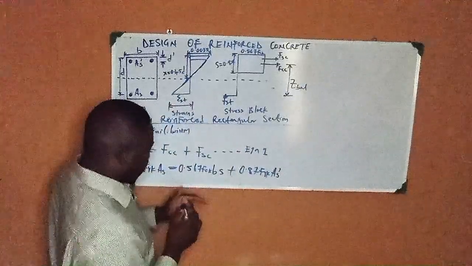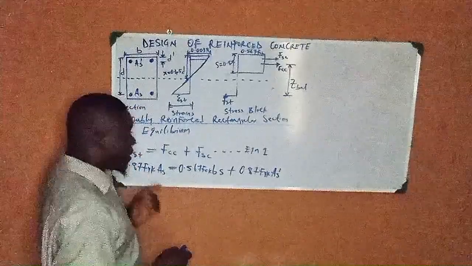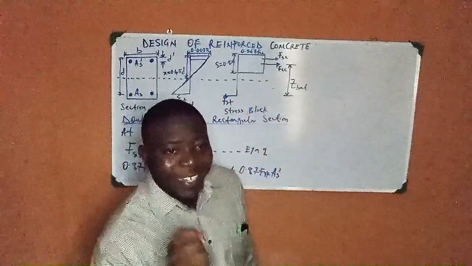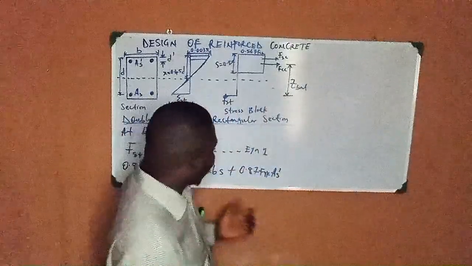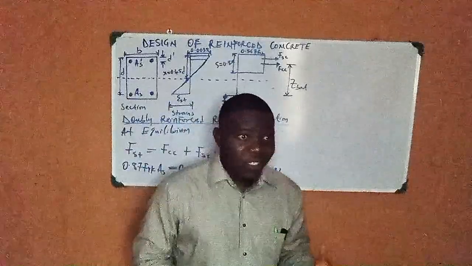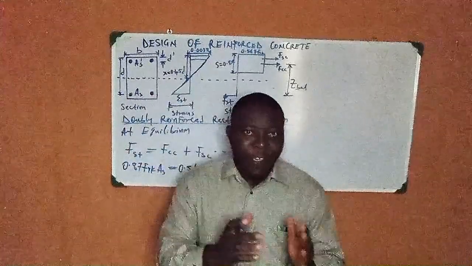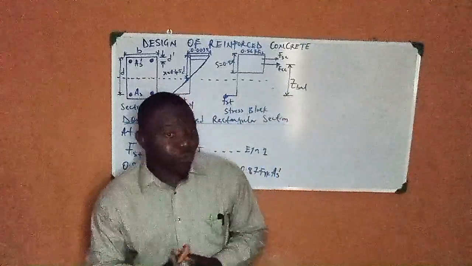Normally we know from our previous video, if you have been following us, your fyk means the characteristic strength of your steel. It is always determined when you take your steel to the lab for testing. But mainly by standardization, we have 460 Newton per mm square.